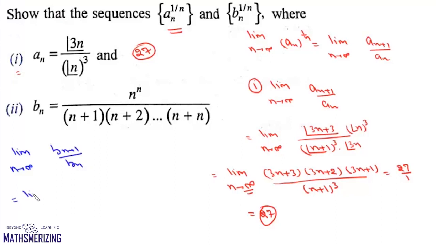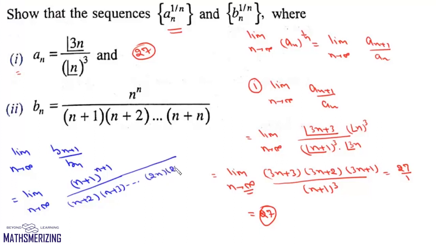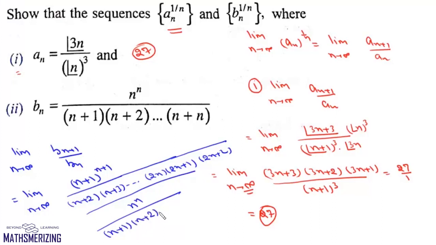Now bn plus 1 is n plus 1 to the power n plus 1 upon n plus 2, n plus 3 up to n plus 1, 2n plus 2, divided by bn, and bn is n to the power n upon n plus 1, n plus 2 up to 2n. Now n plus 2, n plus 3 up to 2n will cancel.